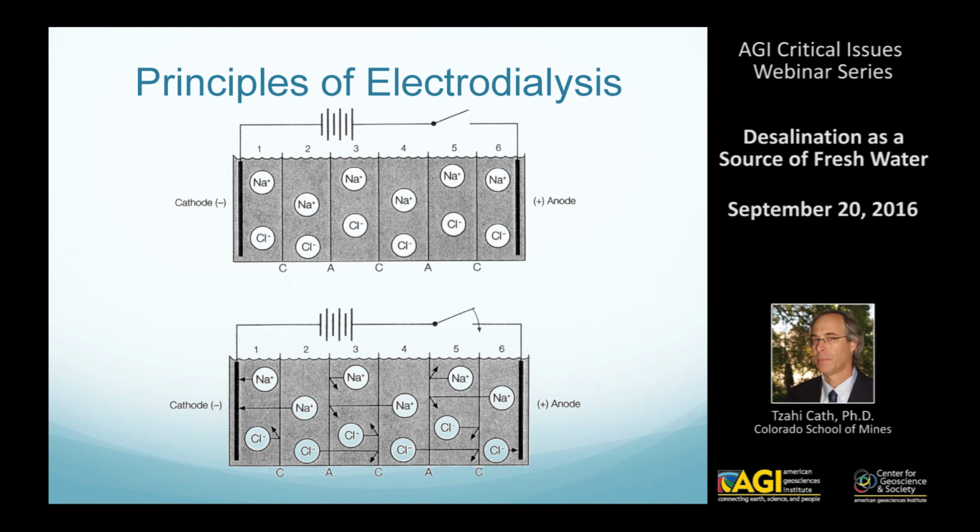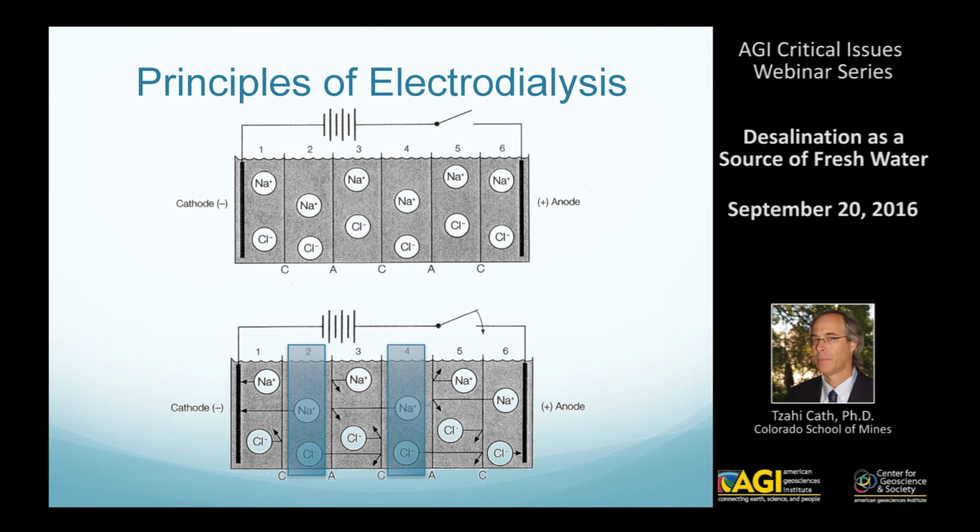And what happens over time is that you create sections that are depleted of ions. This is the diluate, the water that we want, and all the other ions are concentrated in the other channels, and that's what becomes the brine that we have to dispose of.